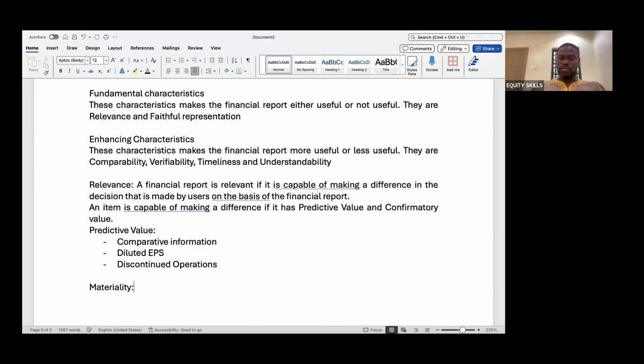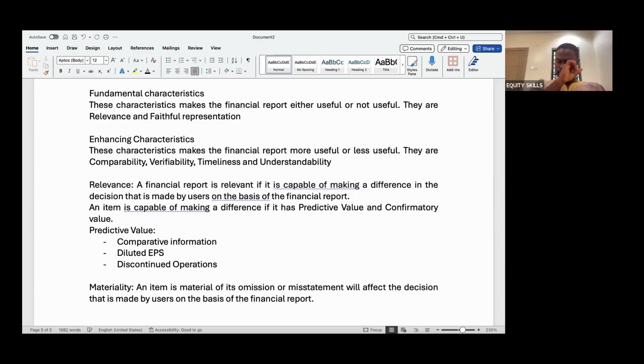And see, an item is material if its omission or misstatement will affect the decision that is made by users on the basis of that report. Then that item is material.